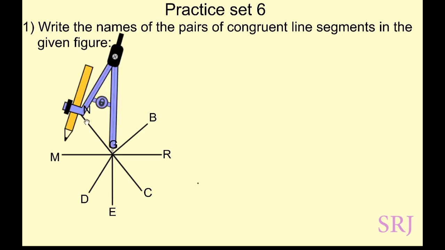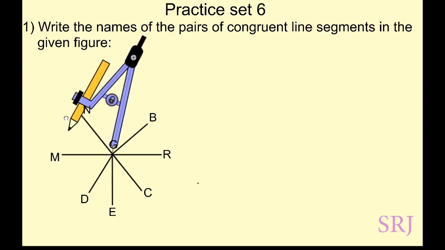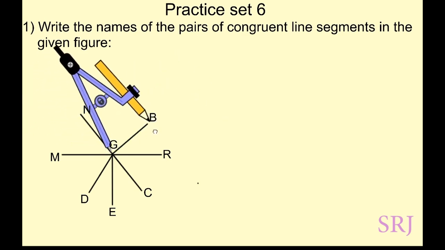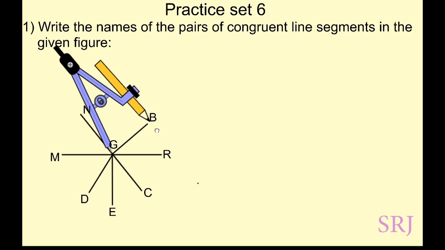So first, let us keep the steel head of the compass on point G. And let us measure this line segment, that is GM. Now we have to find which line segment is equal to line segment GM. Let us see this line segment, that is line segment GB. So here, as you all can see, it is not the same.